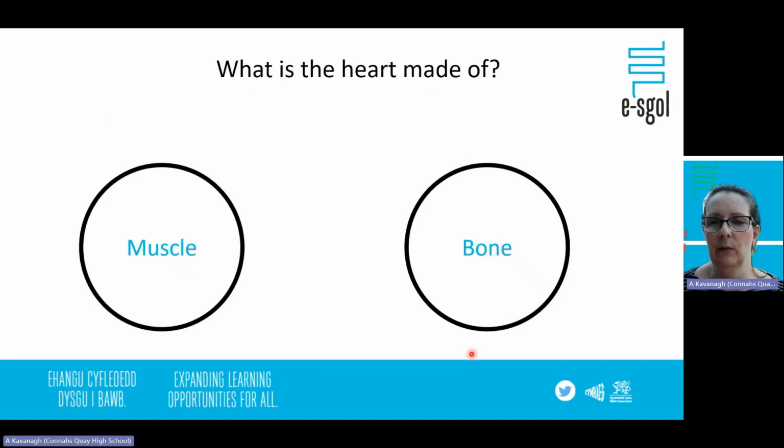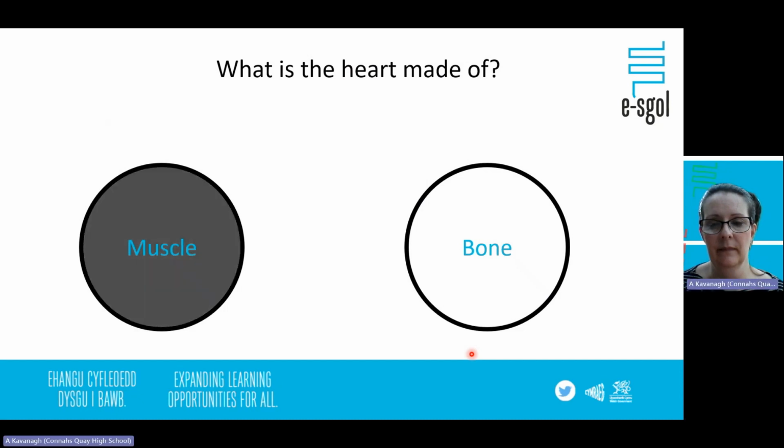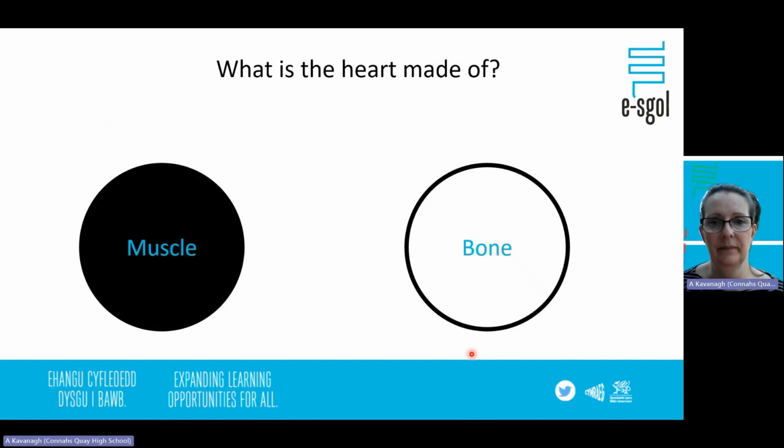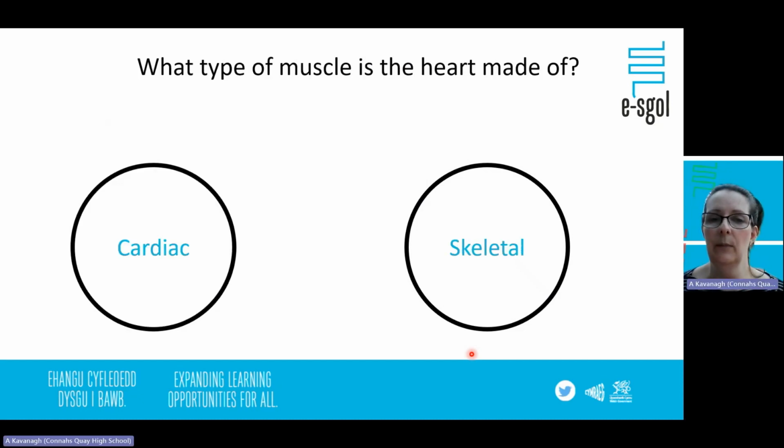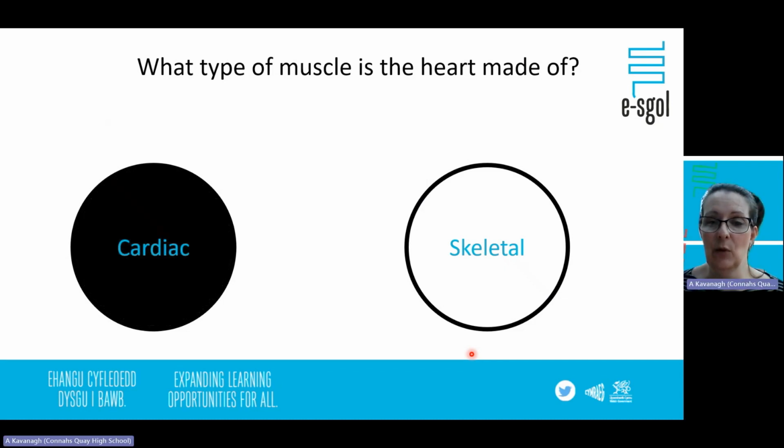And our next question, what is the heart made of? Is it made from muscle or is it made from bone? And it's made from muscle. What type of muscle is the heart made from? Is it made from cardiac muscle or skeletal muscle? And it's made from cardiac muscle.